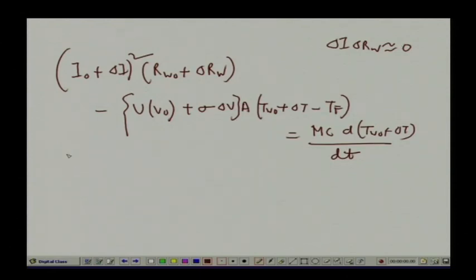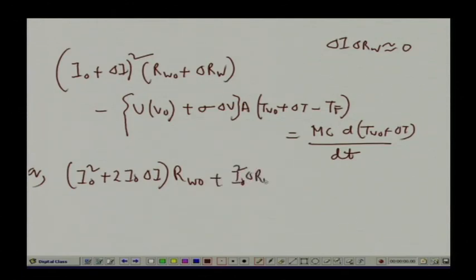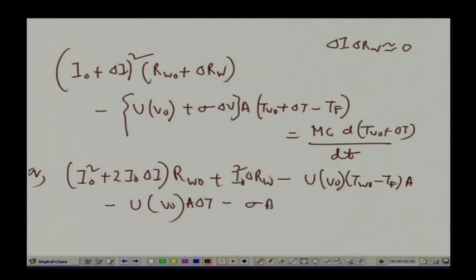So I will get: I naught squared, plus 2 I naught delta I RWO, plus I naught squared delta RW, minus U V naught TWO minus TF into A, minus U V naught A delta T, minus sigma A TWO minus TF delta V, equal to M C delta T by dt.